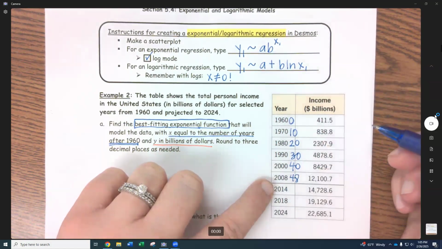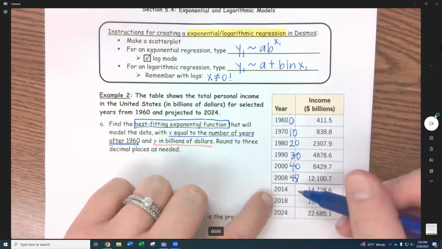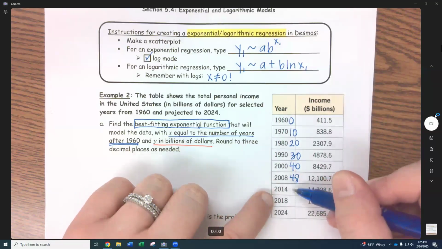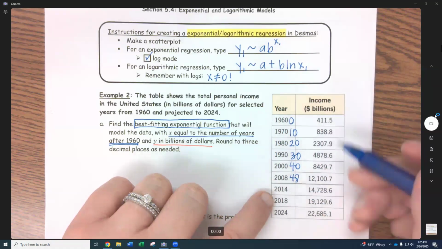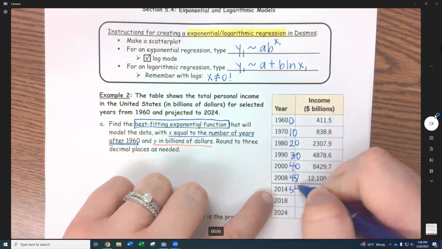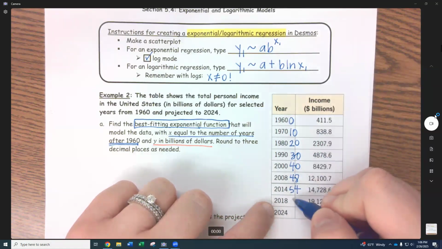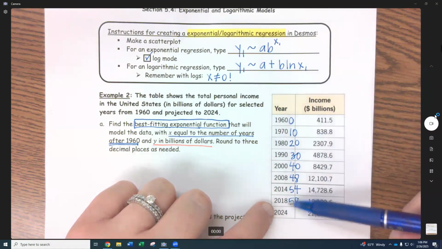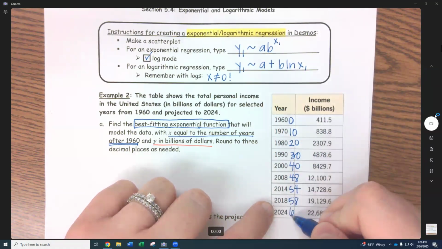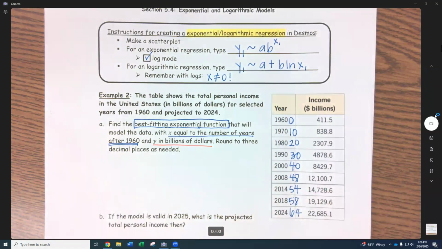We're not increasing by tens anymore. So then 2014, we're increasing here by 6. So this is 54. Now we're increasing by 4. So this is 58. And now we're increasing again here by 6. So 64. So it's all over the place.